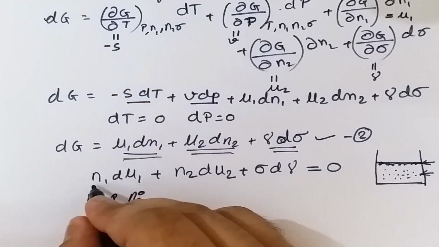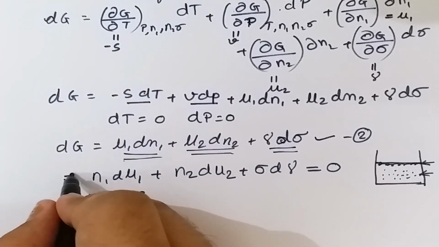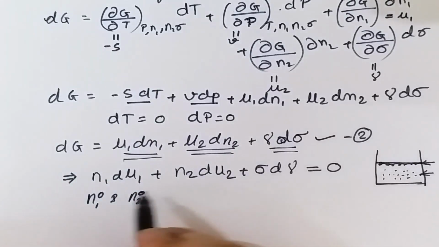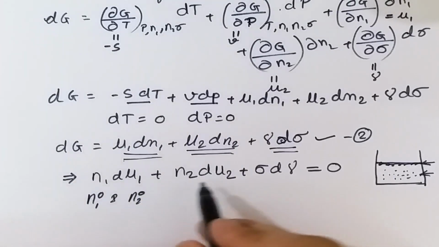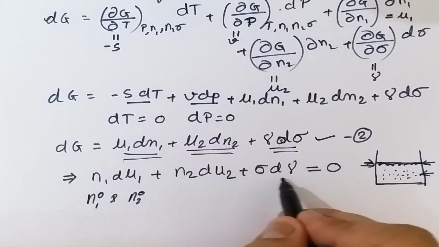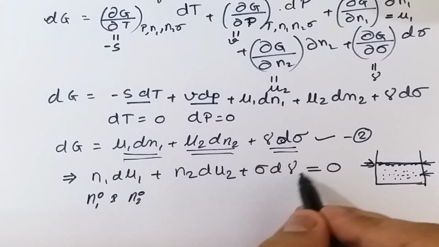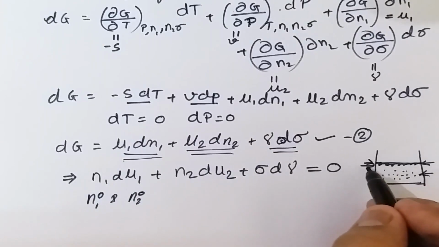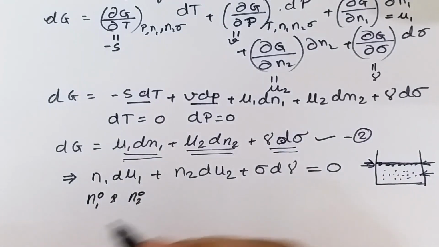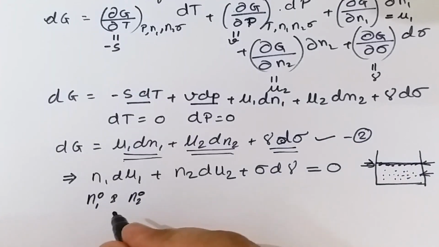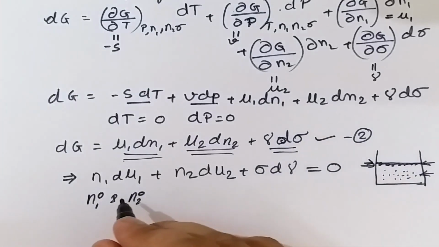So the expression that we have obtained is the expression for the molecules which are present on the surface. Because sigma d gamma is related to the surface, this expression is for our surface layer. And now we calculate the expression for the bulk phase.